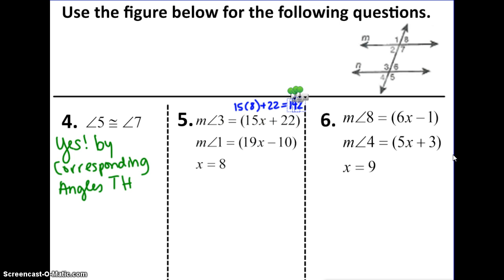Do the same work here: 19 times 8 minus 10 is 142 as well. So these two angles are in fact congruent. Angle 3 is congruent to angle 1. And since they're corresponding angles, the lines have to be parallel. So yes, by corresponding angles again.